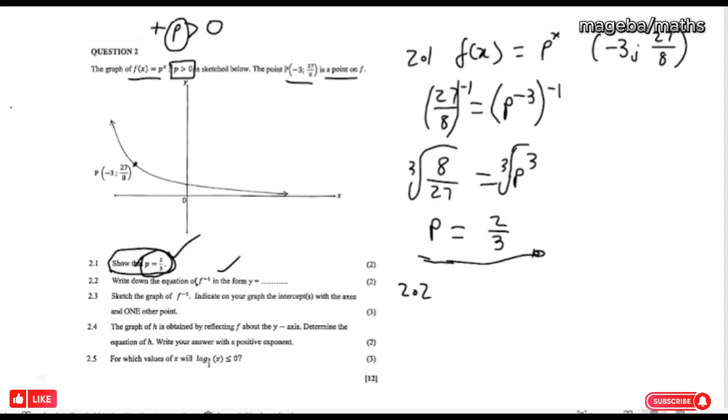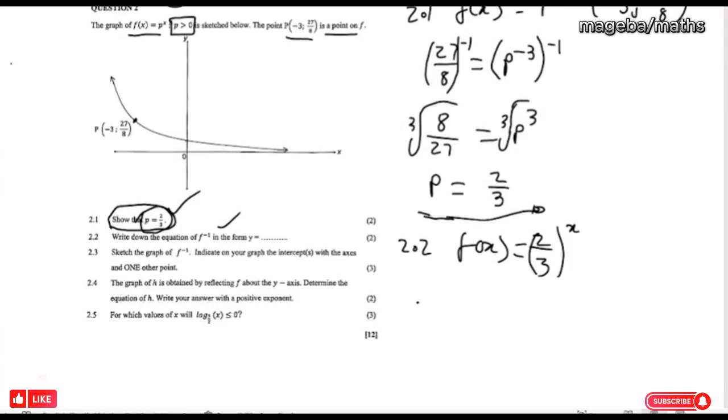2.2, now they're saying write the inverse of f. So remember my f of x is equal to 2 over 3 to the power x. This is my f function. So now doing the inverse, I must introduce y. So y is equal to 2 over 3 to the power x.